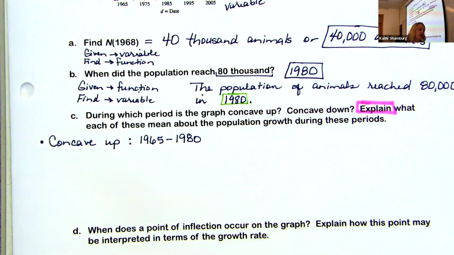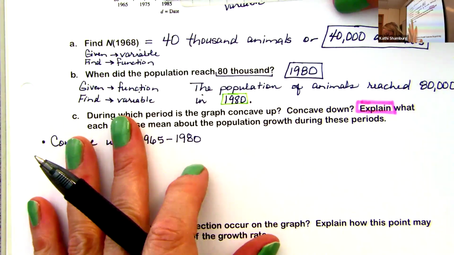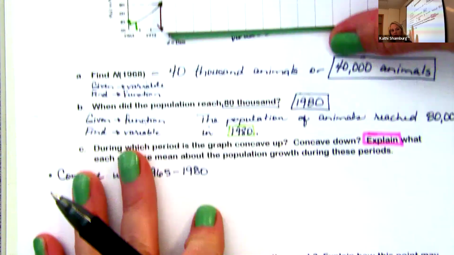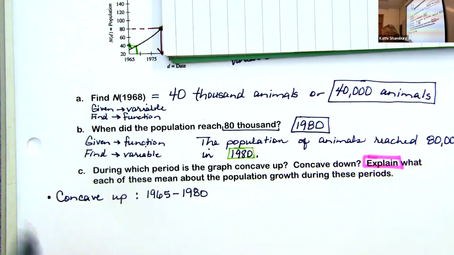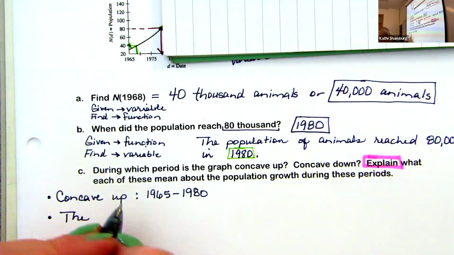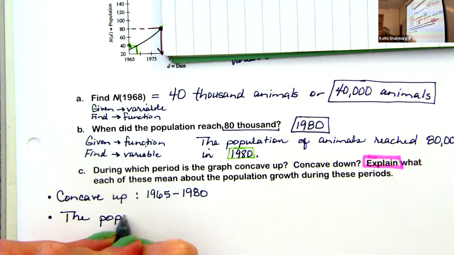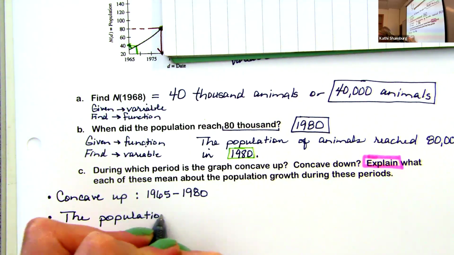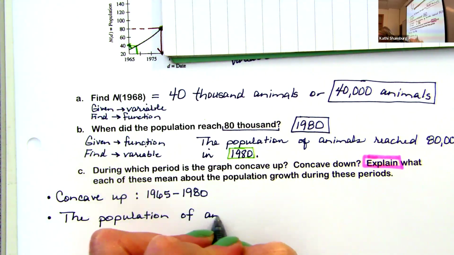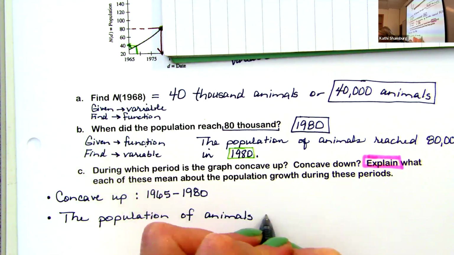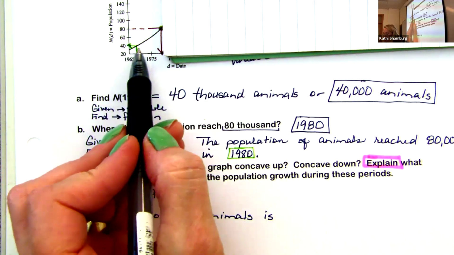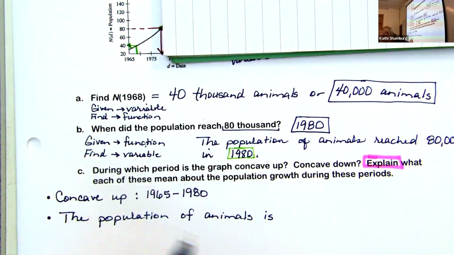And we are confining what we're looking at to this part of the graph. So when I explain this, I'm going to say the, but I'm not going to say function. What is the function? Population of animals. I have to be problem specific. So the population of animals is, all right, what is this doing from left to right? It's increasing.